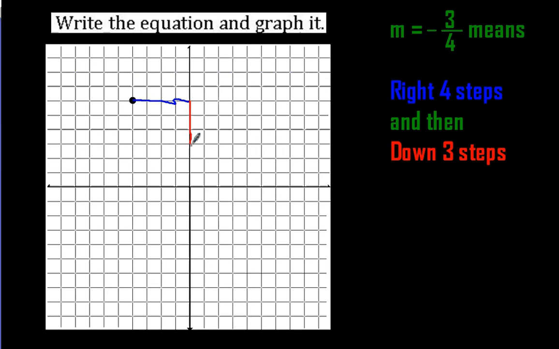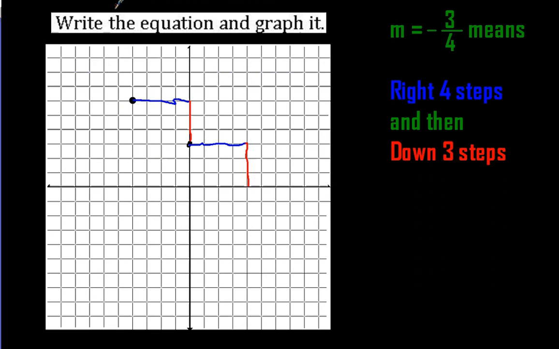So I should be at the point (0, 3), which I am, because that was our next point on the graph. And now from here, again, I went 4 steps to the right, 1, 2, 3, 4, and then from that point I go 3 steps down, 1, 2, 3.